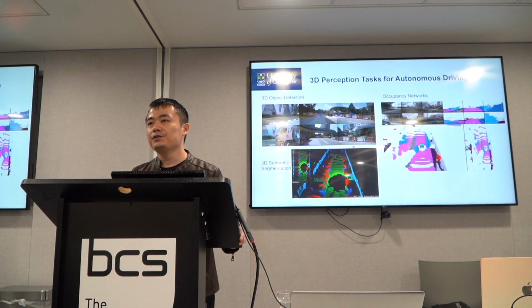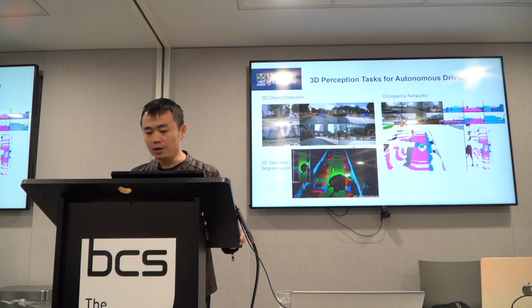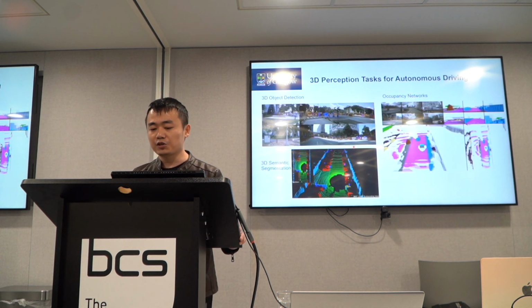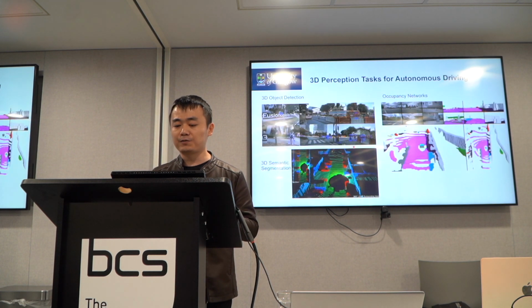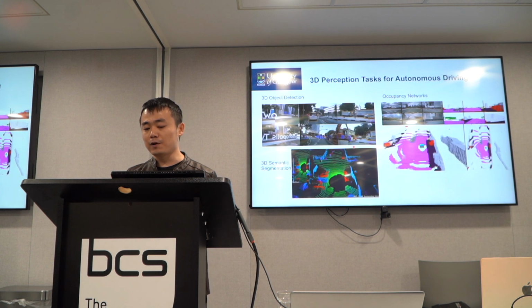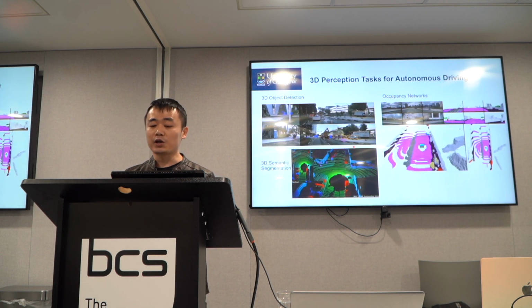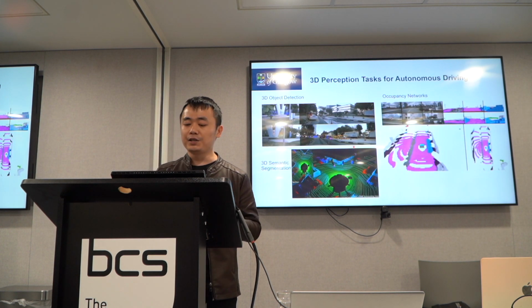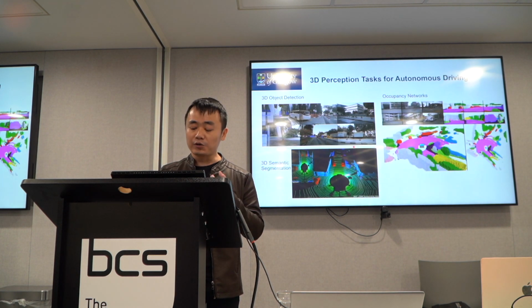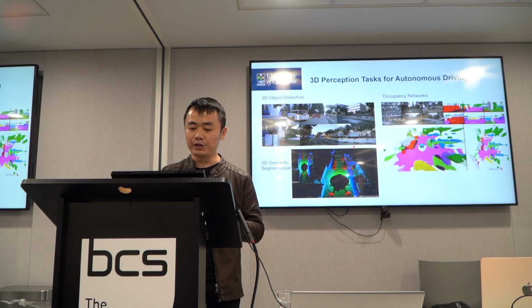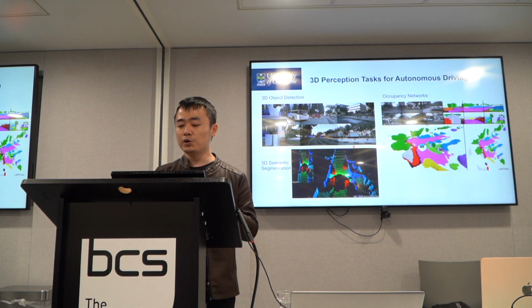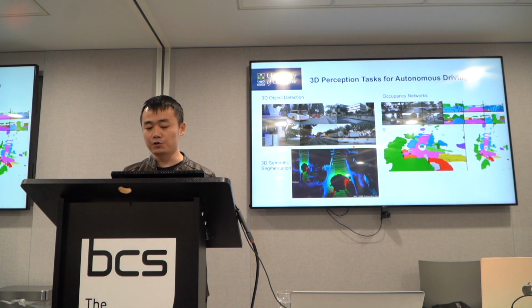With this kind of multi-sensor data, we can do 3D object detection to detect and localize the objects in 3D space around the self-driving vehicles. We can also conduct 3D semantic segmentation to classify each point in a point cloud into a semantic category, such as ground, buildings, vegetation, or vehicles.